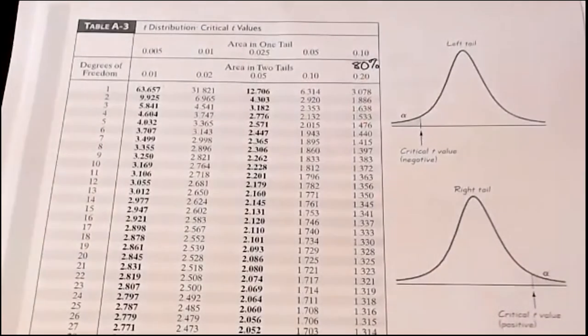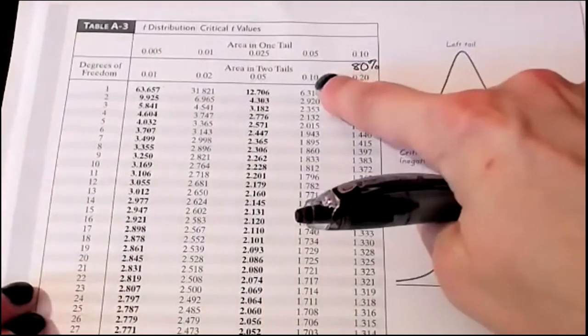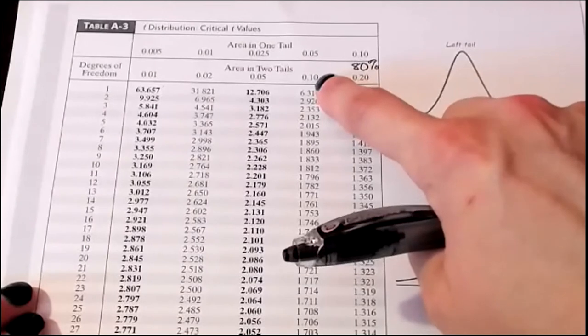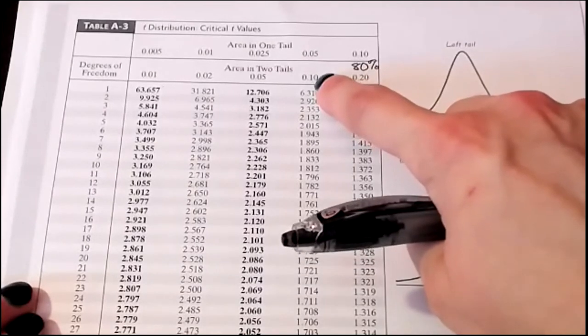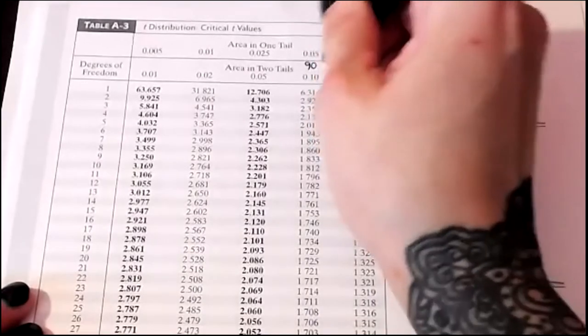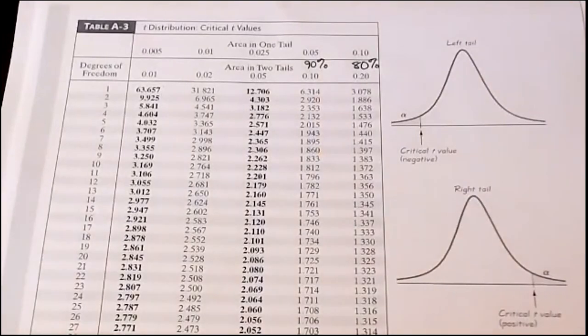If we want to bound the middle 80%, then there's 20% left over with 10% in each tail. I'm going to say that again for a different one. Notice here the area in two tails is 10% combined. So that means in each tail there will be 5%, which refers to a 90% confidence interval, or that middle 90%.